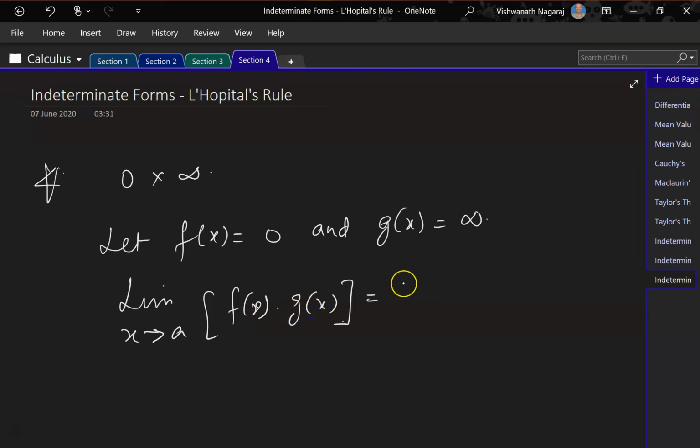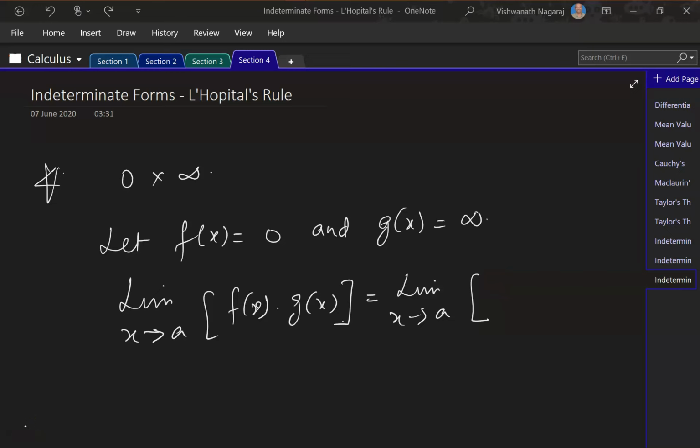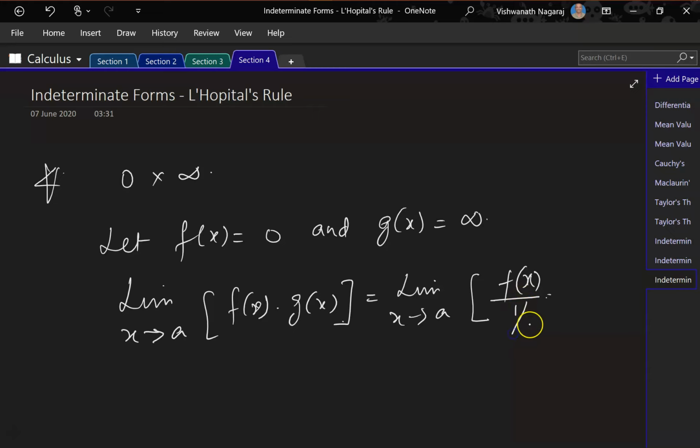Now in this case what we do is we take the limit as x approaches a of, now g of x is infinity, right? So we take it down, but we can't just take it down, so we have to take the reciprocal down. So 1 by g of x.